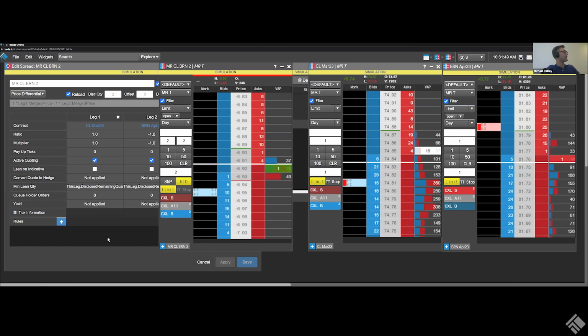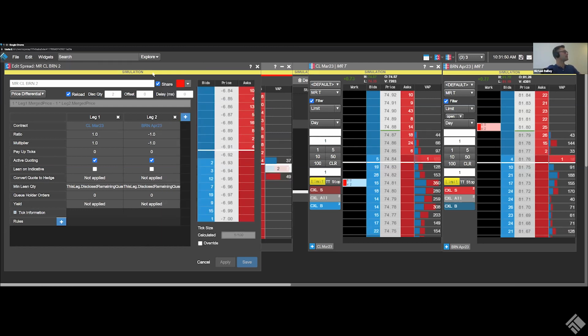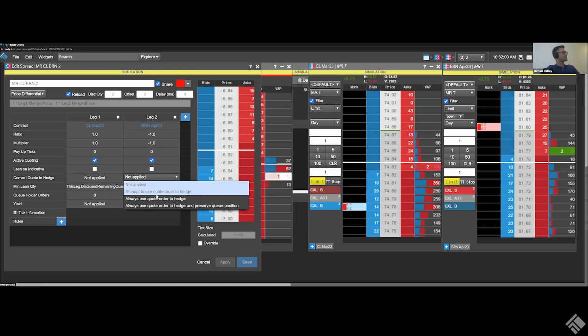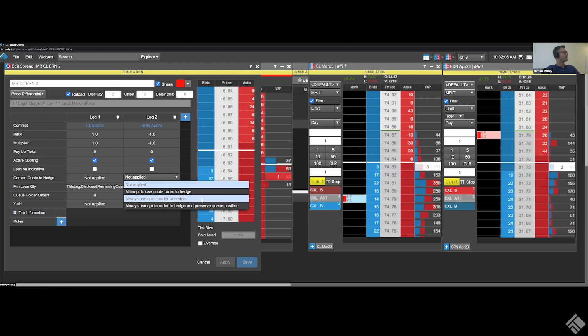Now, what we can do, if we go back to our config, convert quote to hedge, if we were to click the drop down here, we would see we've got a few options. We could say we would like to attempt to use the quote order to hedge, always use the quote order to hedge, or always use the quote order to hedge and preserve Q position.